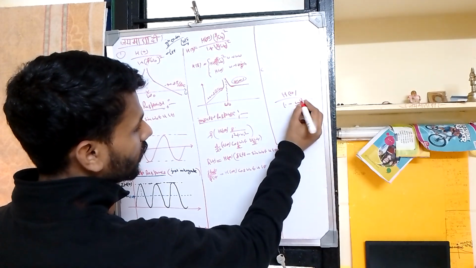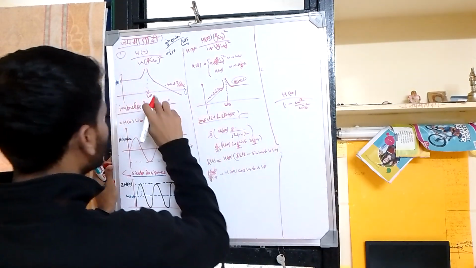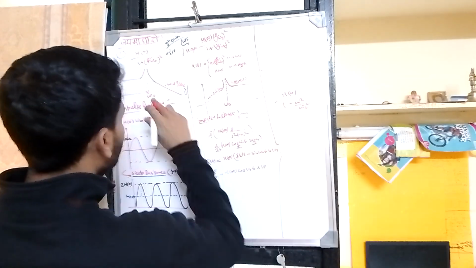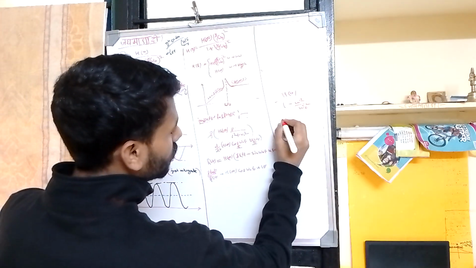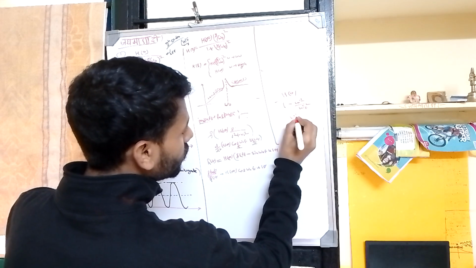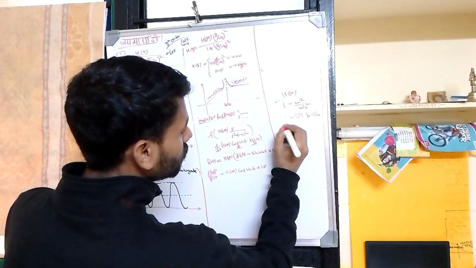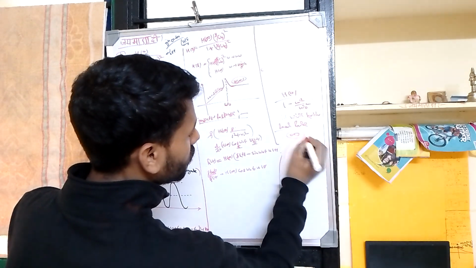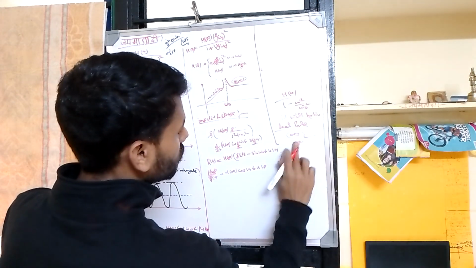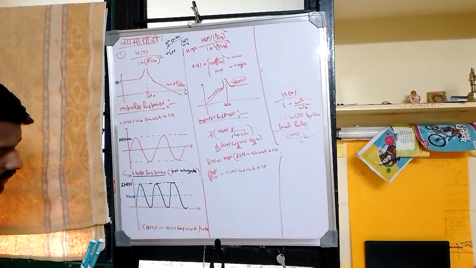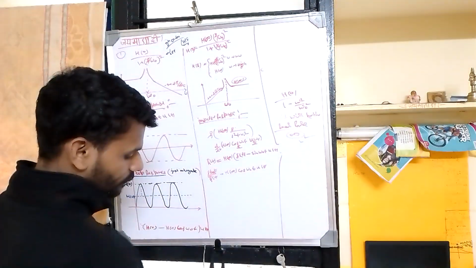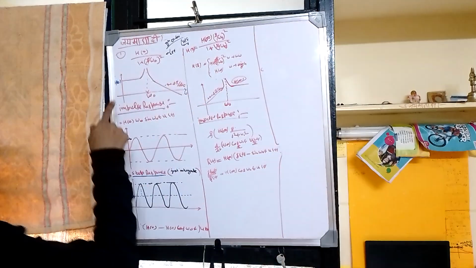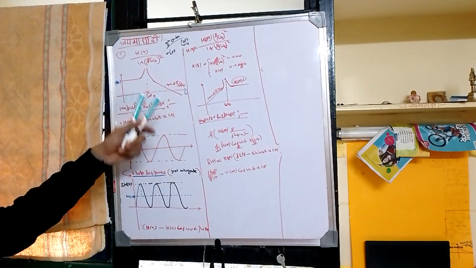If you put omega equal to omega naught, because you want to find the magnitude at omega naught, it will be a real pole, so it will give infinite magnitude of gain. That's why it goes up to infinity at omega naught. So for this transfer function, the Bode plot will look like this.